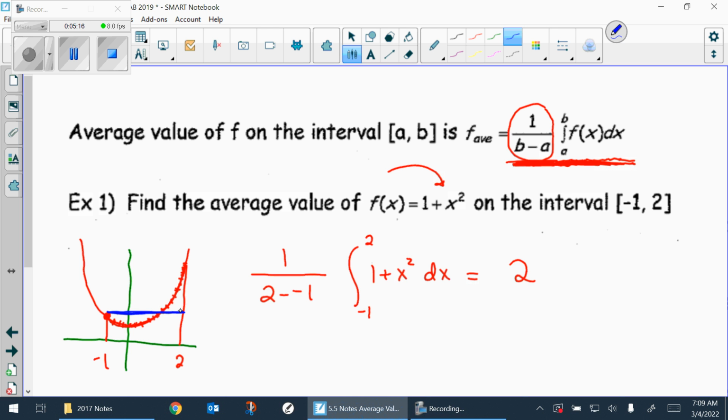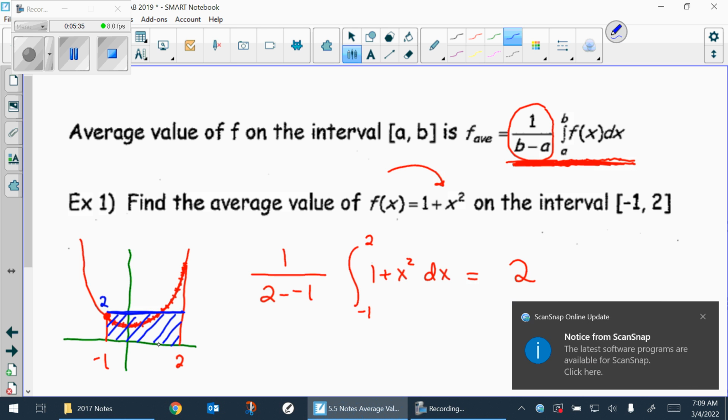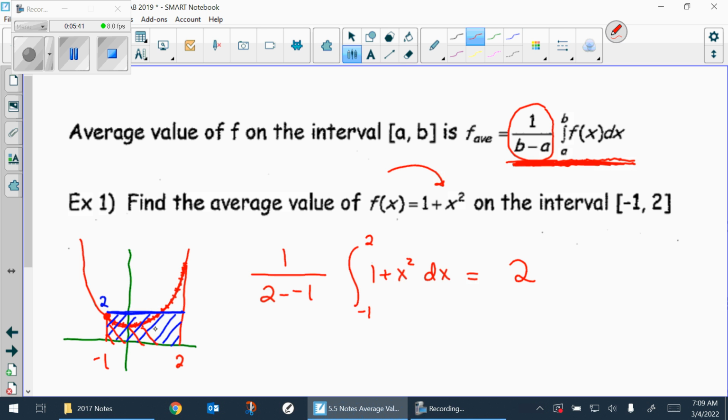What that means is that the area of this rectangle, formed by the average value, and the area under the curve, which is this red area, are identical.